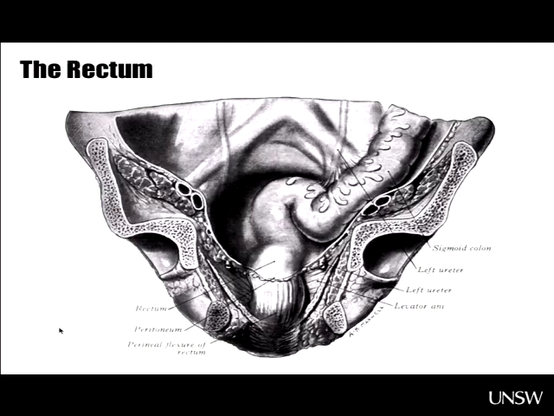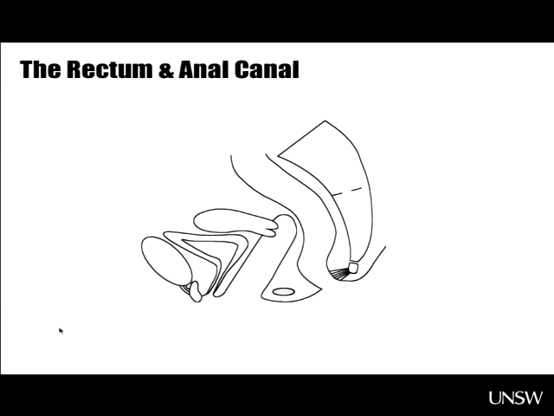Okay, now that's just to show you an illustration of the sigmoid colon coming down, and this area here is our rectum in the back of the pelvis, sitting against the lower parts of the sacrum. Now if you look at that in a midline section like that, this is a midline section through a female pelvis, and what are our relations and what are our features?